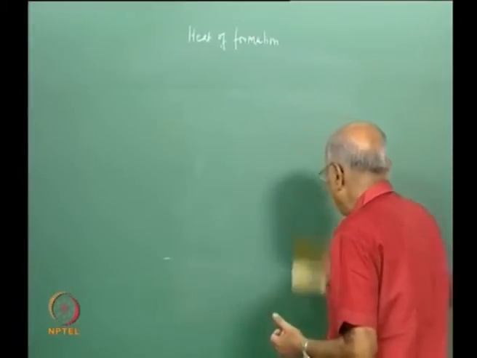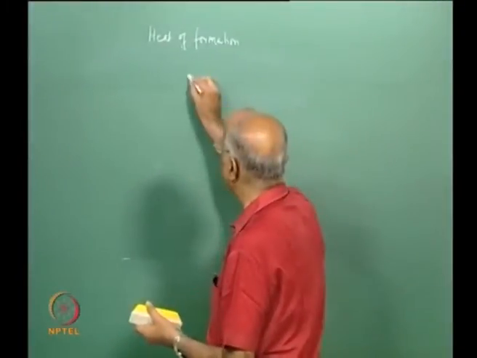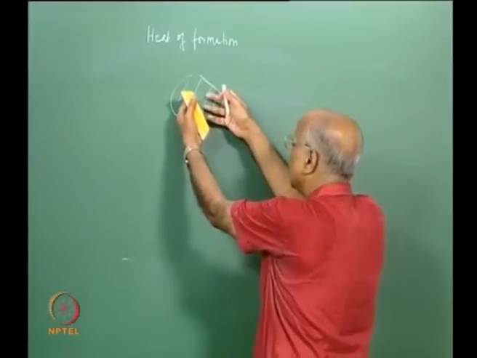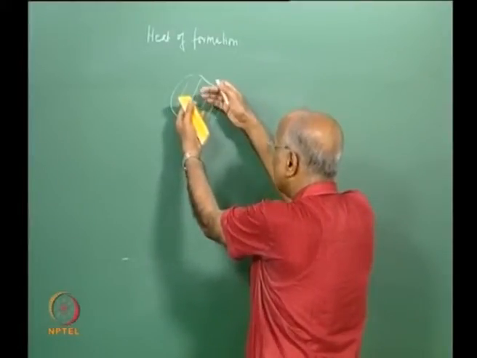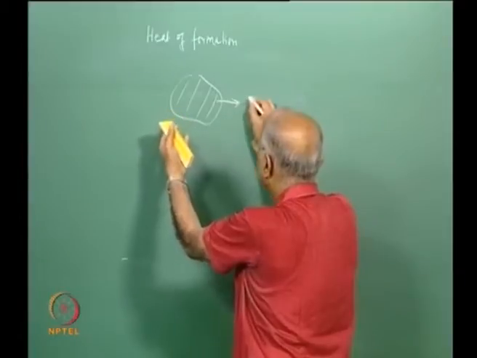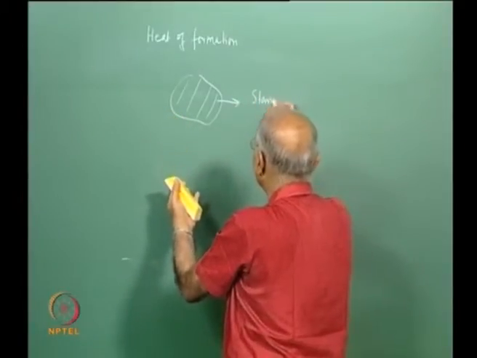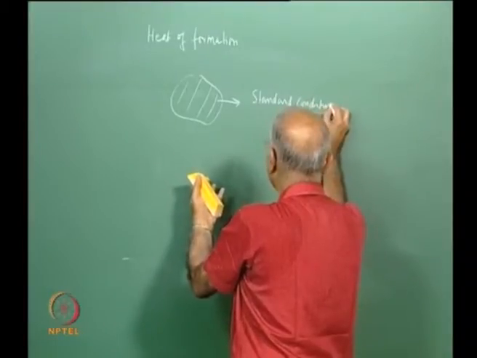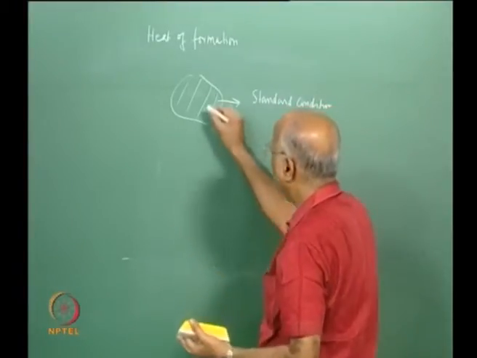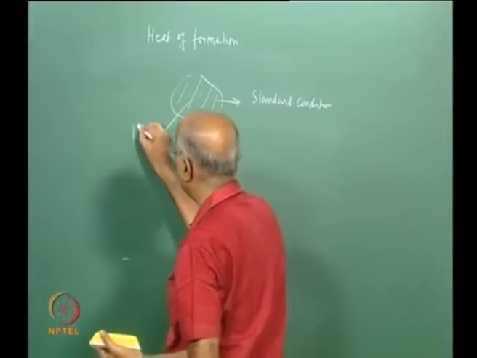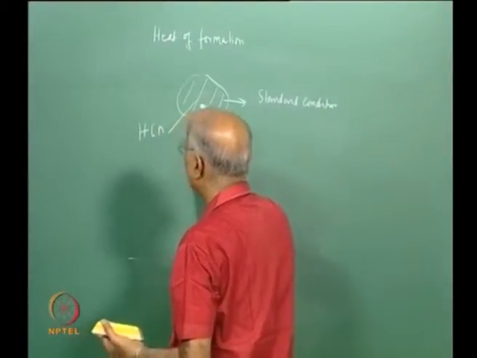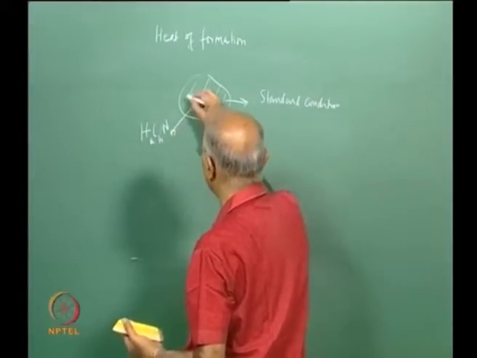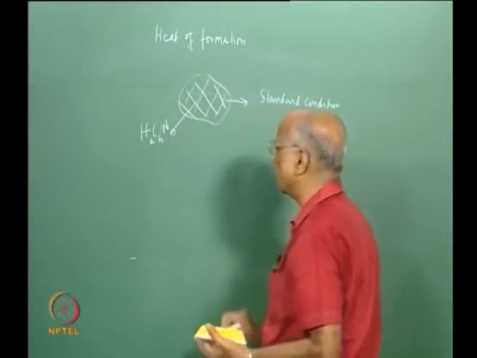We need to be able to describe what is the energy available in a given chemical, and to find this we need some domain, some standards. We say, at a standard condition, what is the energy available with the chemical, and how do I define it? This substance could be, let us say, hydrogen, carbon, nitrogen, some substance like HaCbNc, a solid substance over here.